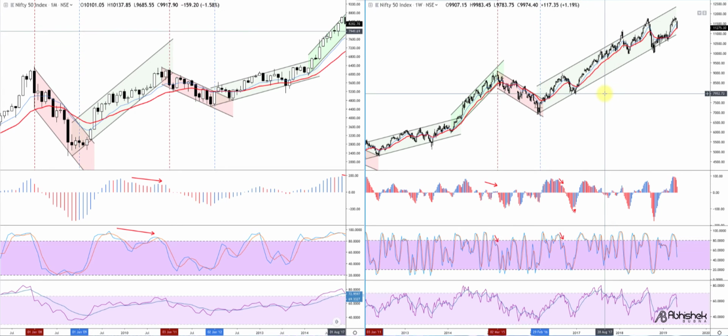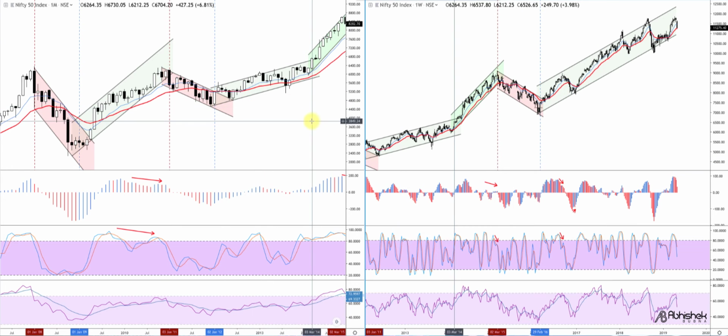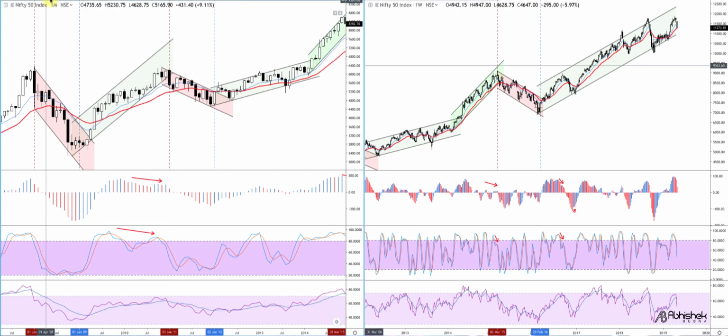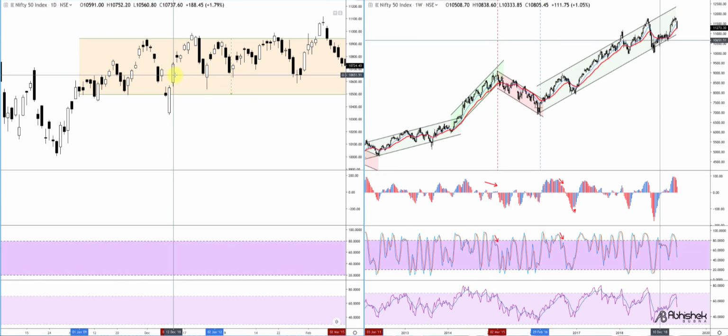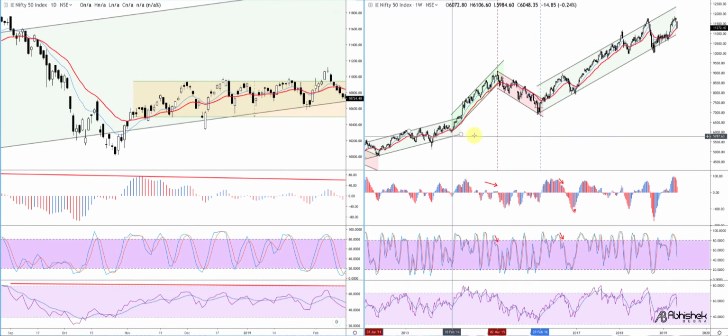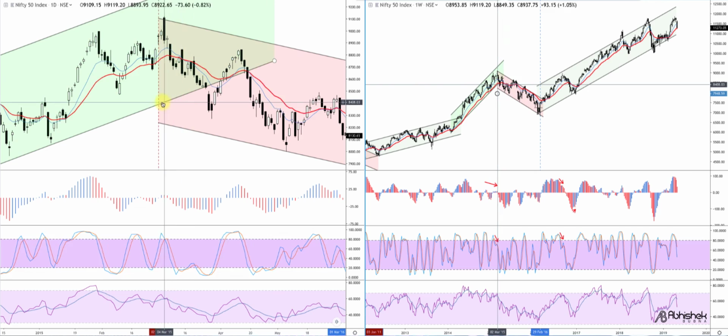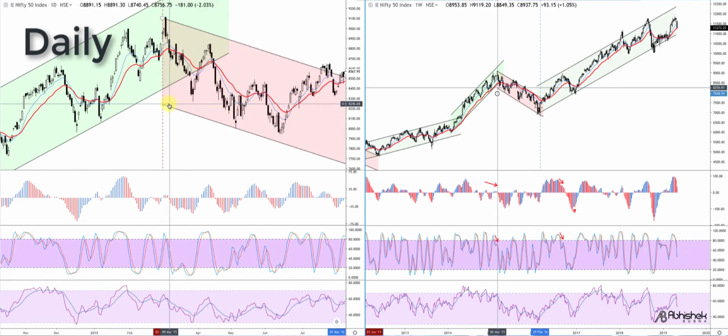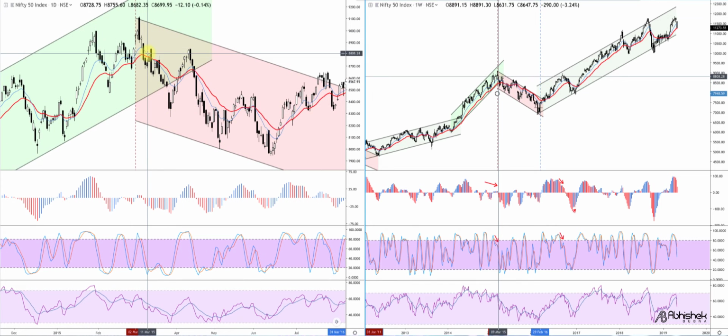So I'm going to change my monthly chart into a daily chart, and I'm going to start my point here, whenever I'm looking to go short.